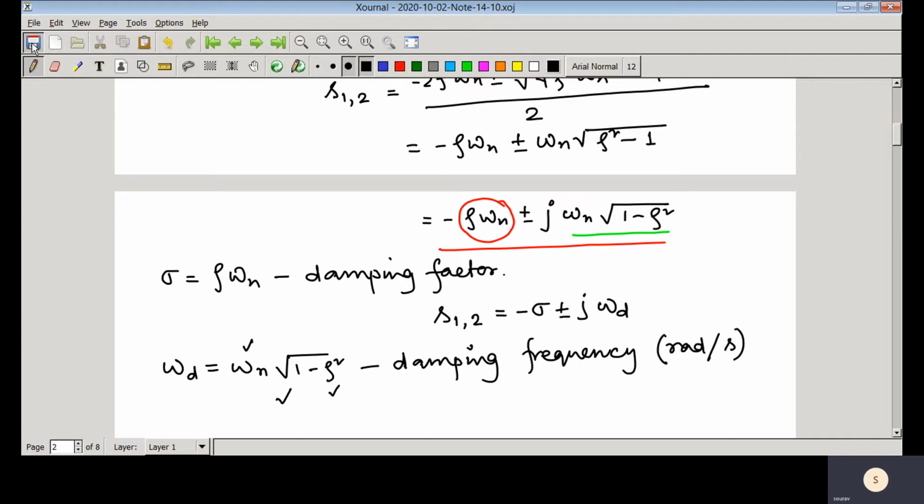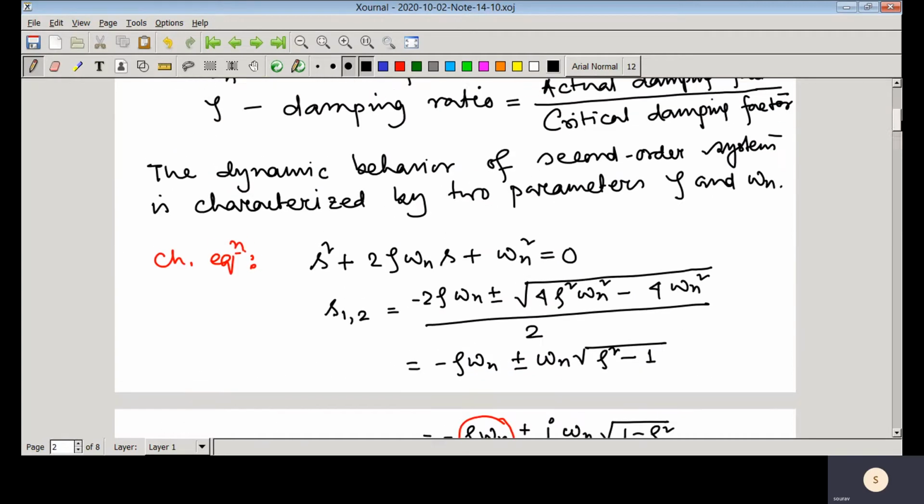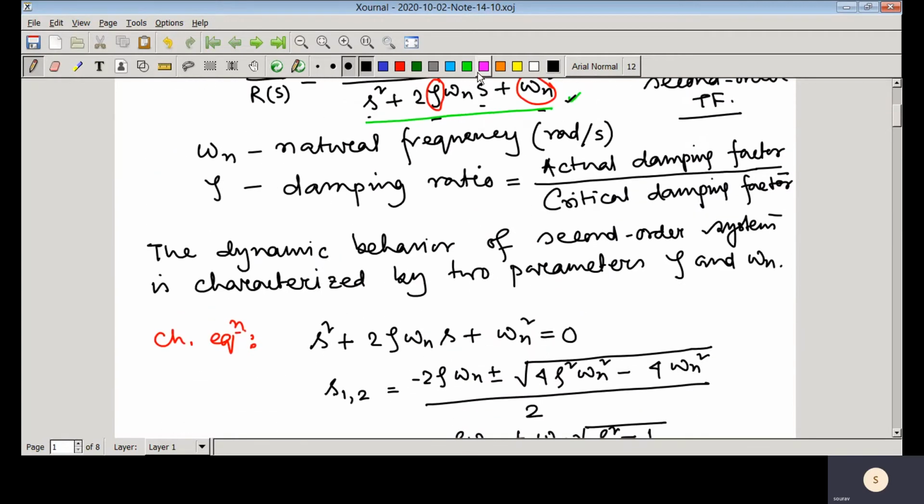So now let us see, if sigma is the damping factor, then if we go back to the definition of damping ratio, what we can see is the actual damping factor. So the actual damping factor is sigma, that is zeta omega n, and the critical damping factor. The critical damping factor is the damping factor when the system is critically damped, that is, when zeta equals 1, it is called critically damped.